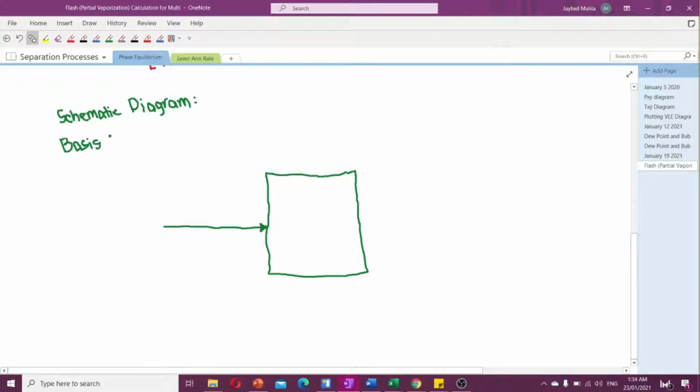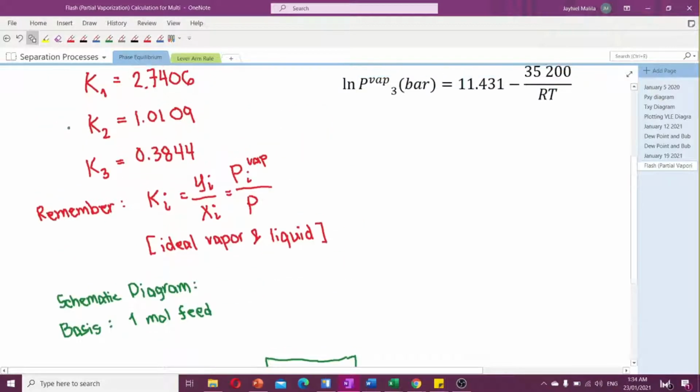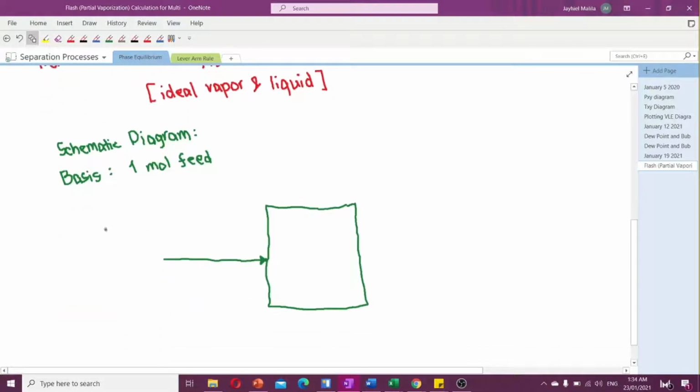We can just use 1 mole of the feed for this one. Of course, in chemical engineering calculations, you can use any kind of basis, and you will still get the same answer. So our feed is 1 mole, so we have F equals 1 mole.